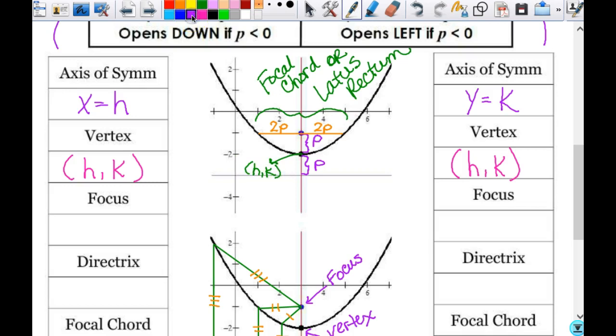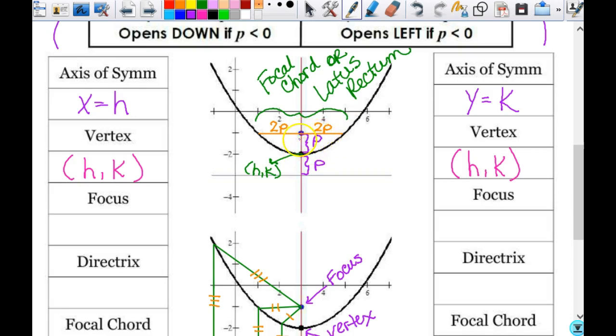So if it's opening up or down like this picture right here, and I want the ordered pair for my focus, which is this point right here, which one of these two things does not change? h. My x value stays the same, right? It's the same as the vertex, but my y value changes by how much? p.